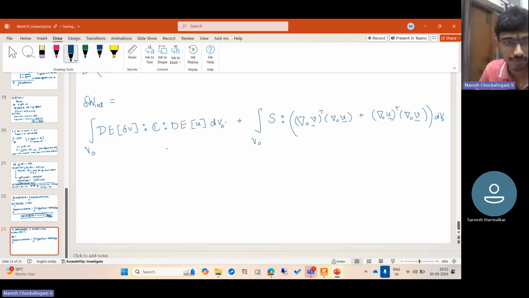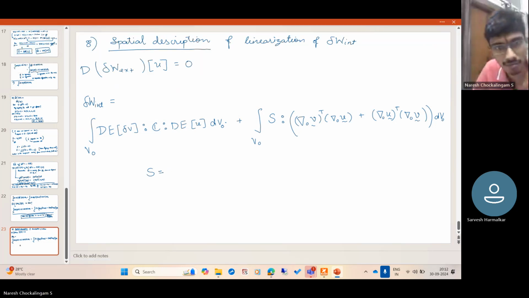Now look at the first term. So next we want to get a spatial description. So we know that S, the directional derivative of S in the direction U, is equal to C double colon the directional derivative of E in the direction U. But U can be anything.